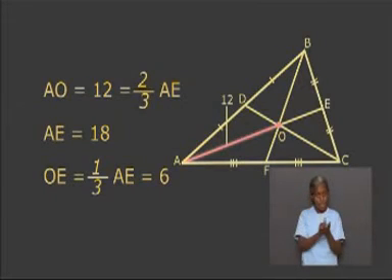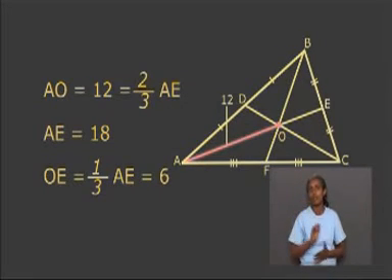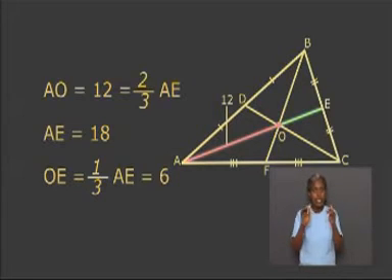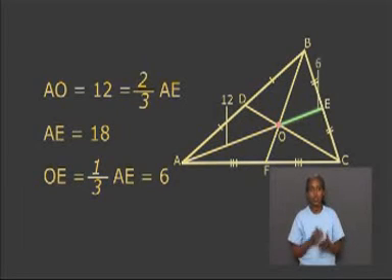We know that AO is 12. Since that is equal to 2/3 of AE, AE is equal to 18. OE is equal to 1/3 of 18, which is 6.